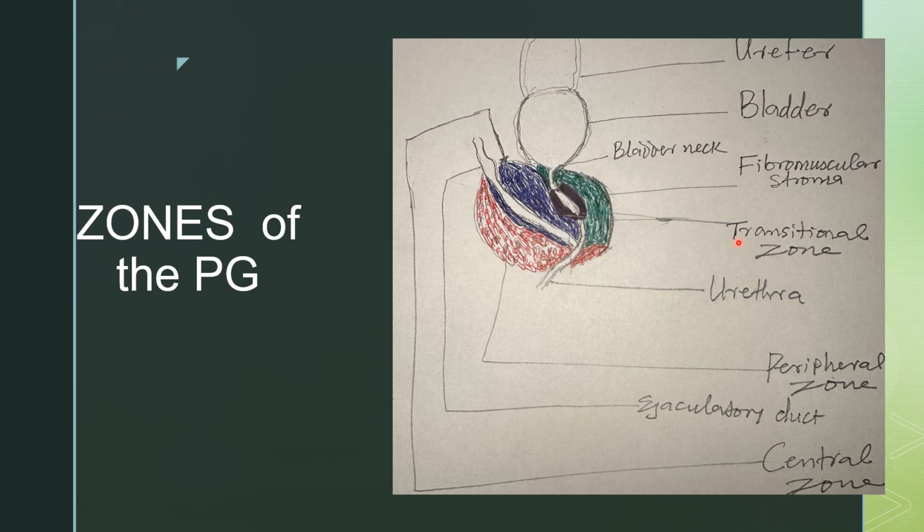The transitional zone is the one caging the urethra, while the fibromuscular stroma is supplying smooth and striated muscles to guide the internal and external urethral sphincter. Thanks for listening. Let's move on.